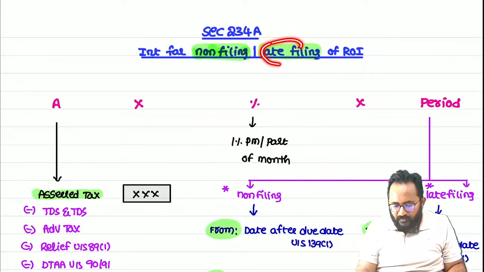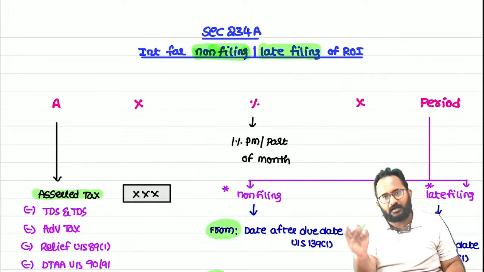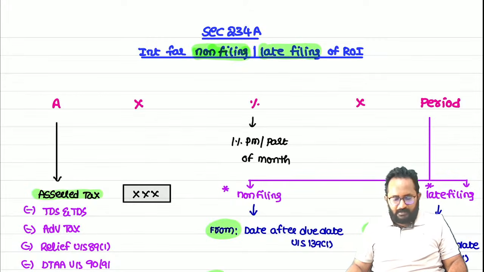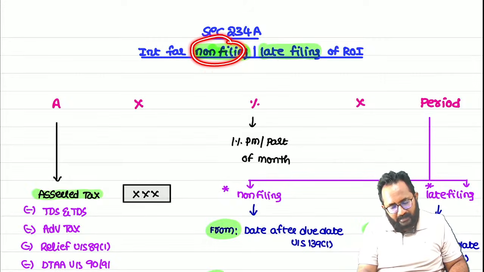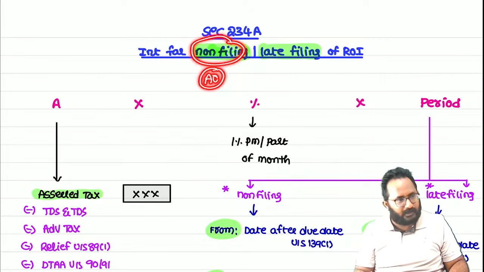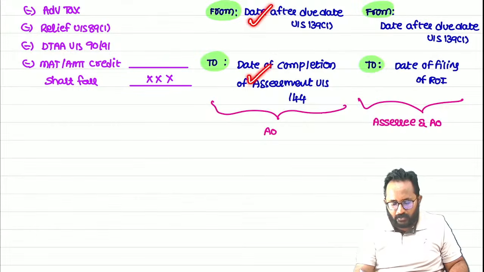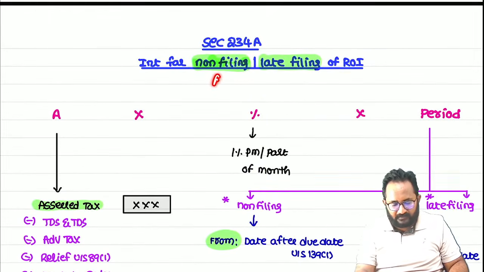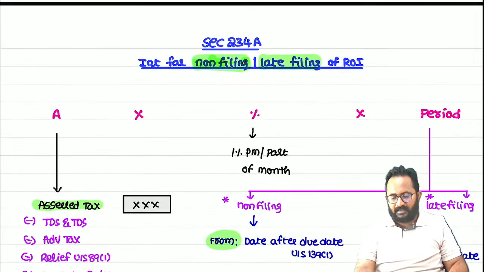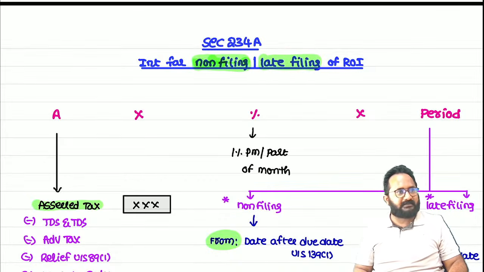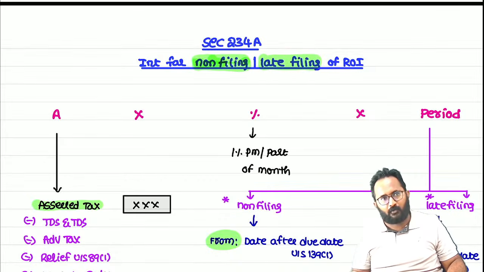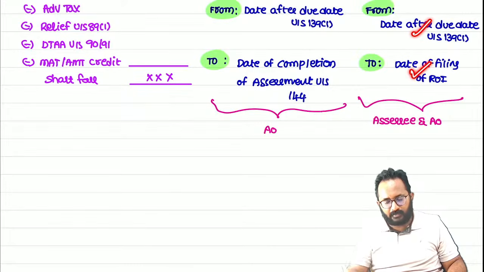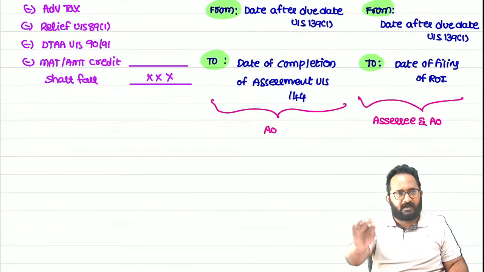In case of late filing, first SSE, then after AO. So for non-filing, the period is next day after the due date to the date of completion of assessment by the AO. In case of late filing, first SSE, then after AO, the period will be the date after the due date to the date of filing of return.